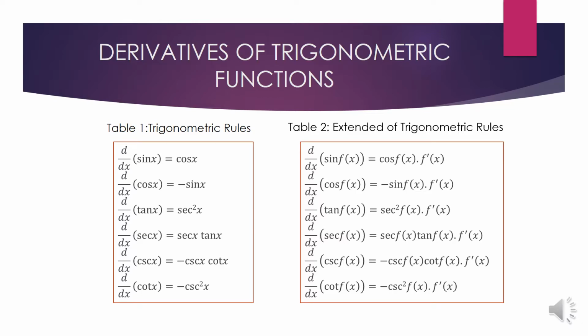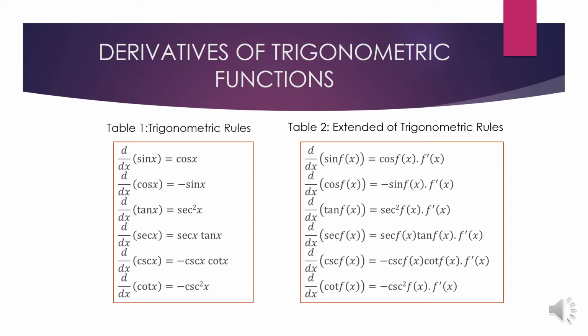If we look at differentiation for cos x, we have a negative sign here. Now, if we differentiate cos f(x), we will also have the negative sign, x replaced with f(x), and multiply with f prime x.